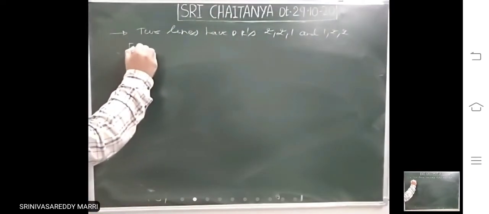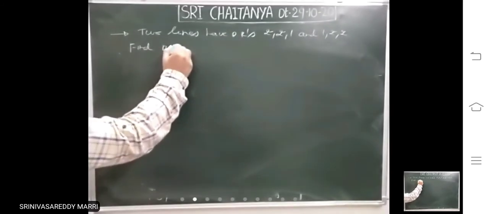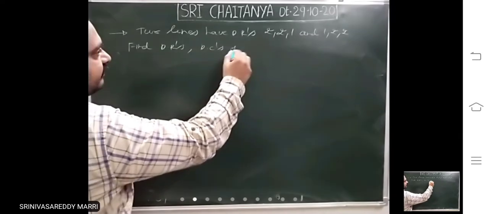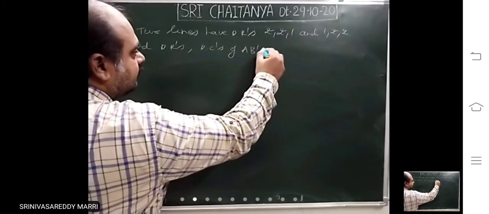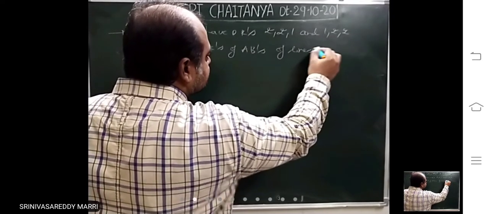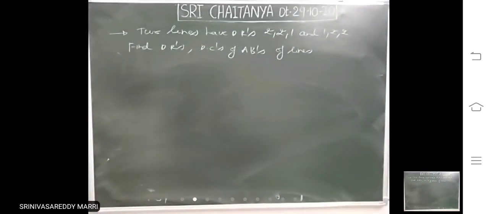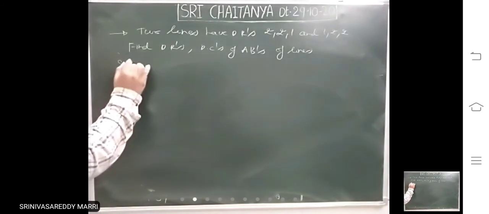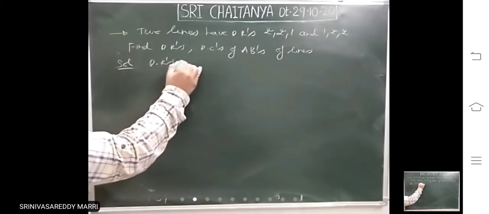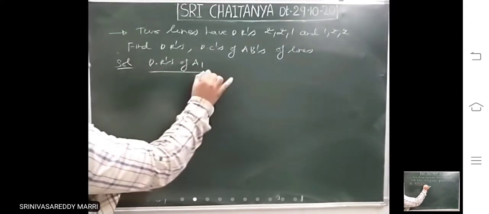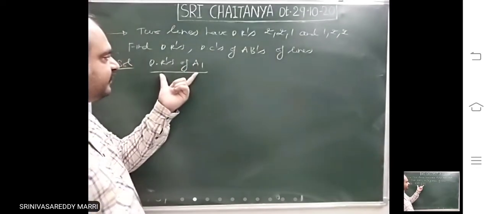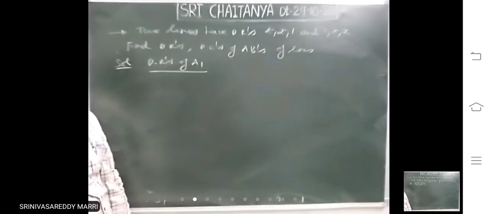Find the DRs and DCs of the angular bisectors of the lines. First we will calculate the DRs of A1. Two angular bisectors will be there. If you calculate DRs, then you can write the formula for DCs.